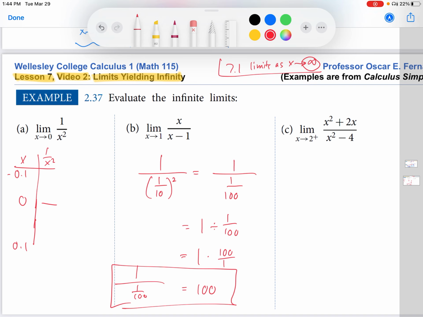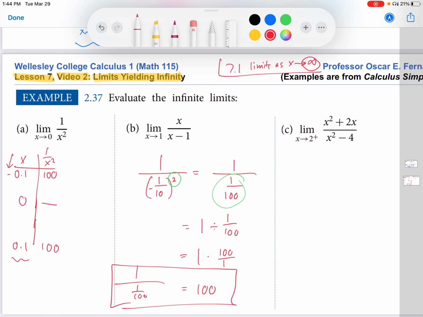If I had made this negative, because of the square, that would not have mattered. I would still have gotten a positive 1 over 100. So at x equals negative 0.1, 1 over x squared is 100. At x equals positive 0.1, 1 over x squared is also 100.